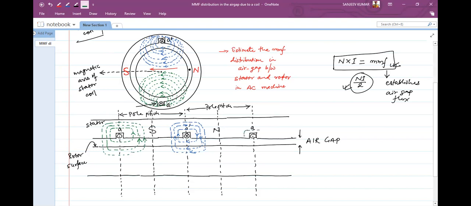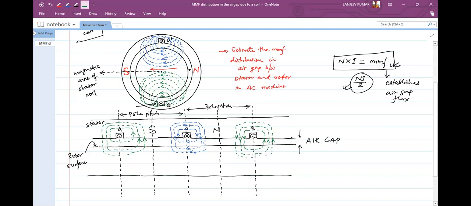Similarly, at the A dash position, at the dot position, the current is coming out. Therefore, the direction of magnetic lines of force will be downward here.